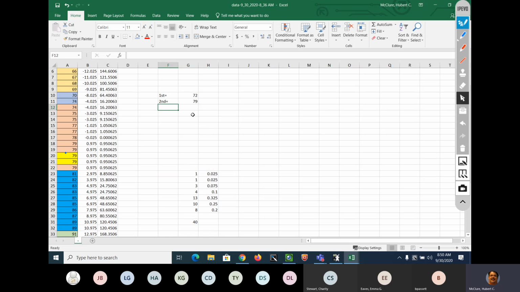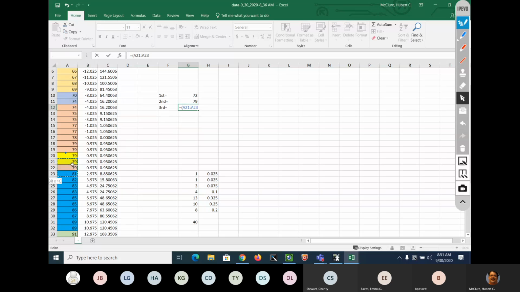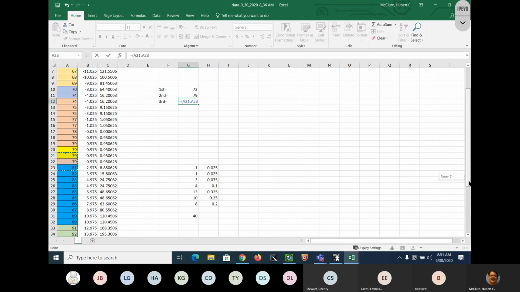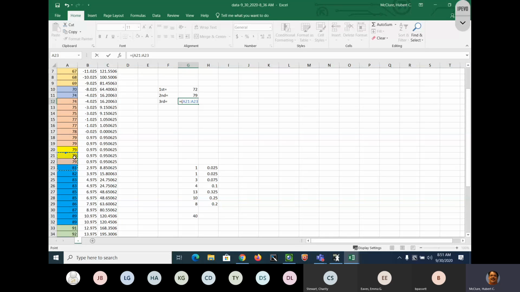And the third quartile is going to be equal to parentheses. Let's go down here. 1, 2, 3, 4, 5, 6. Hold on a second. There. So that means I've got 10. 1, 2, 3, 4, 5, 6. 20.